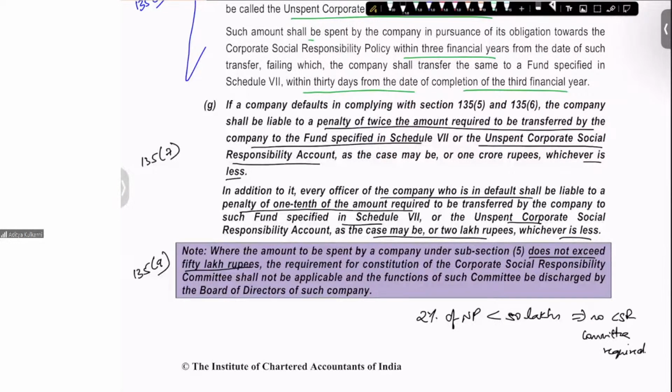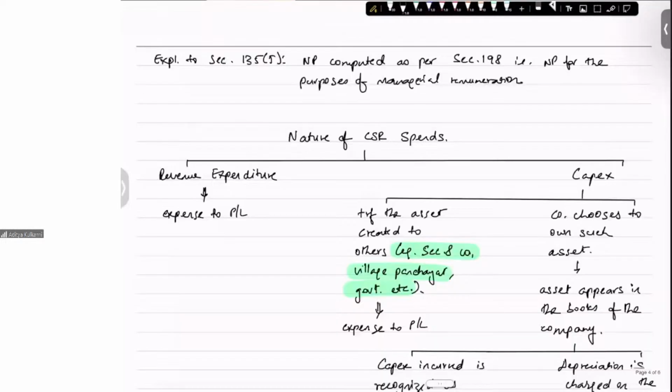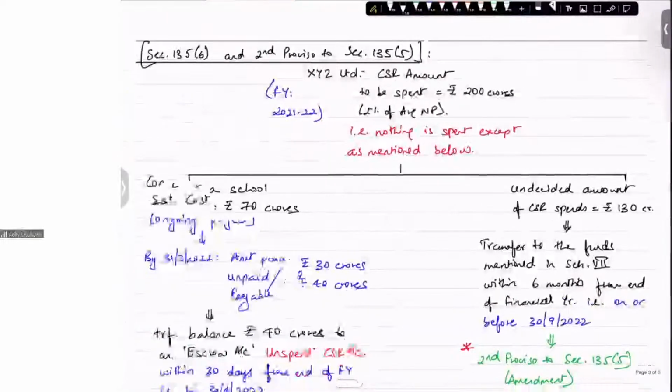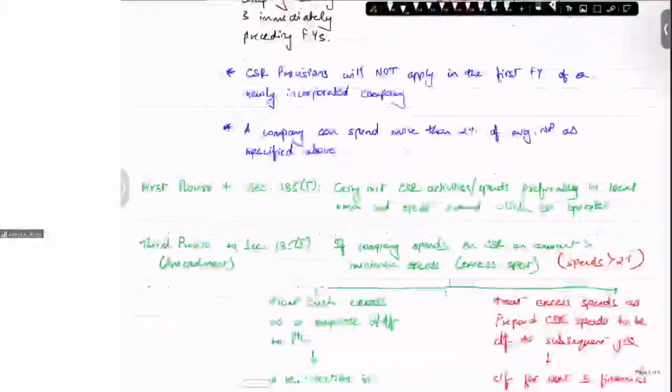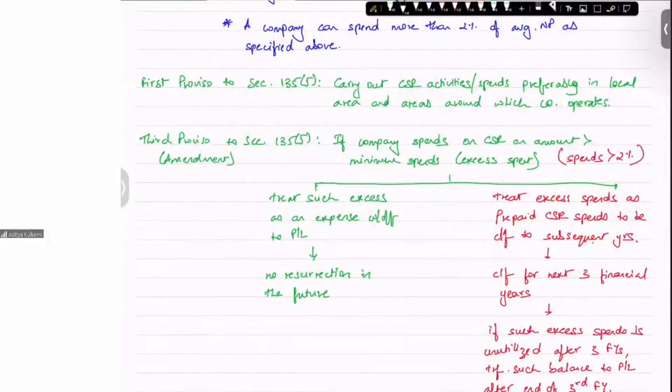And the third proviso tells us that if you have spent an excess amount, you have the freedom to carry it forward for a period of 3 subsequent financial years.